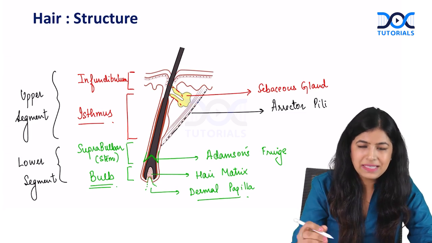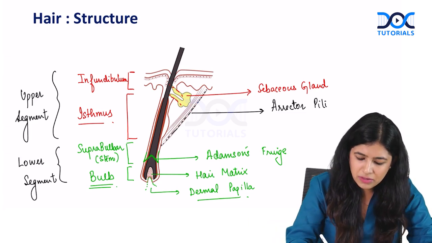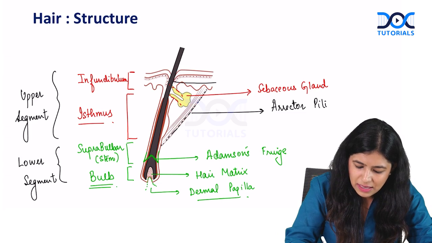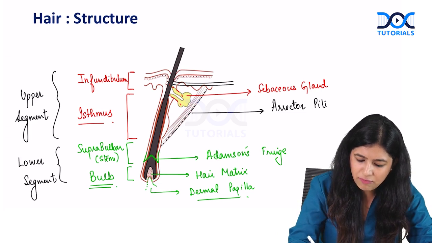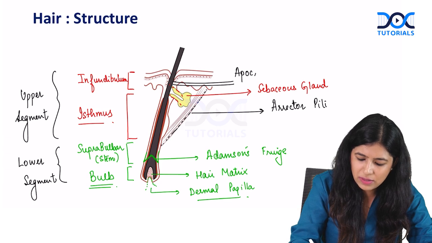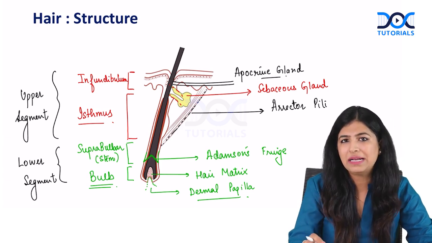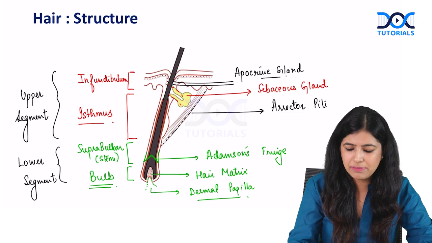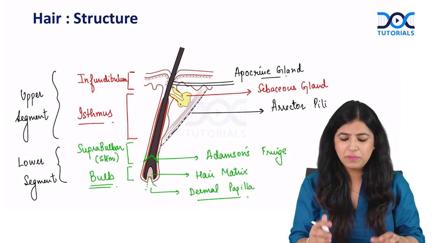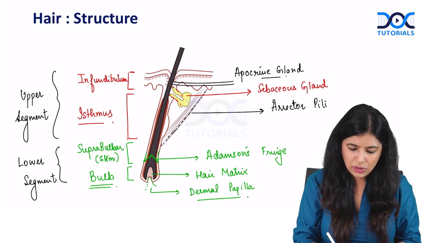In some parts like the axilla, nipple areola and the groin, there is another gland which is opening into the hair follicle above the insertion of the sebaceous gland. That is called the apocrine gland. So the opening of the apocrine gland duct is above the sebaceous gland. I hope the structure of the hair is clear to you.